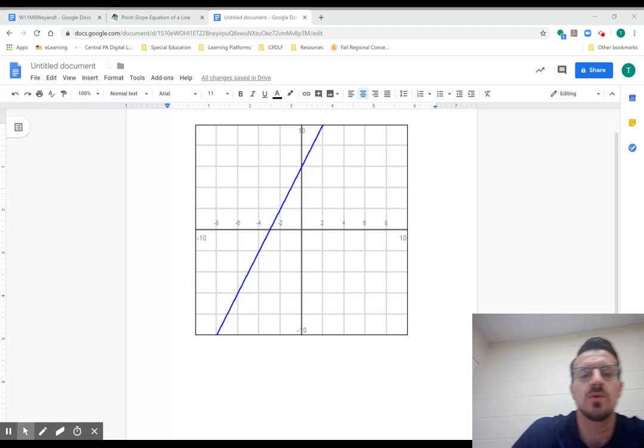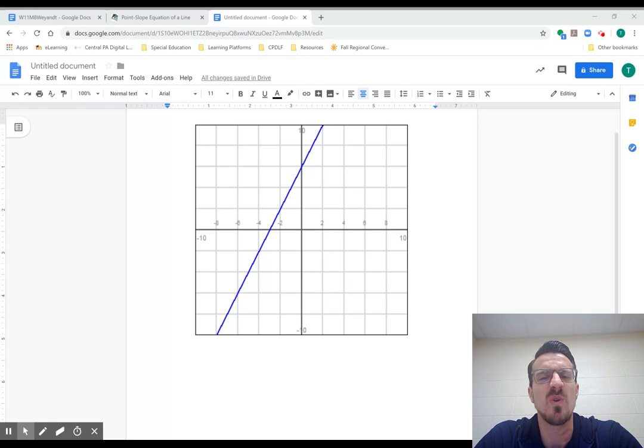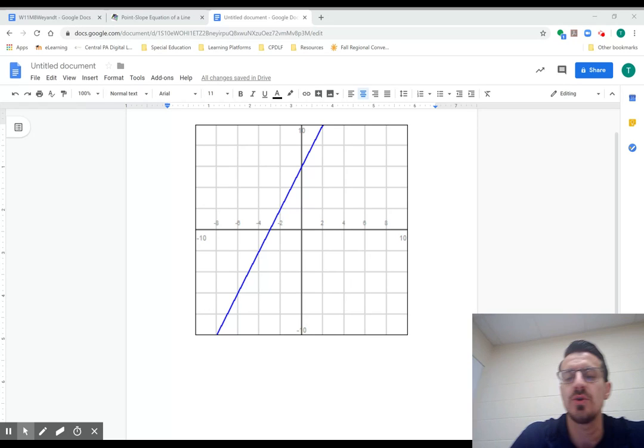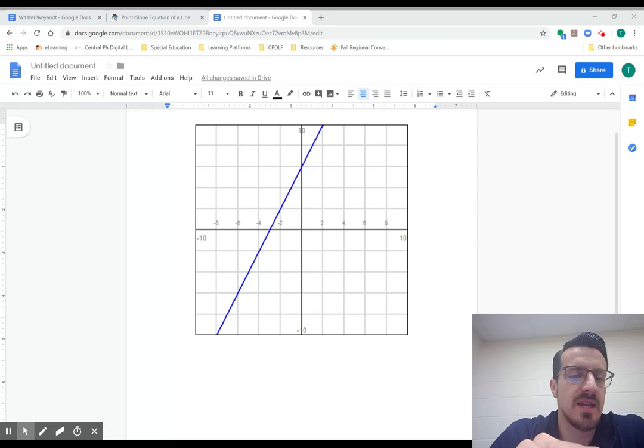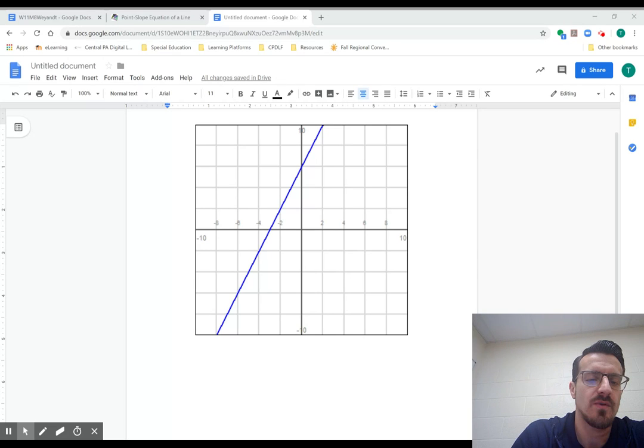Is that a point on this line? What we would do is take this equation and plug the x and the y into the equation. So 2 goes in for y, and negative 2 in for x.